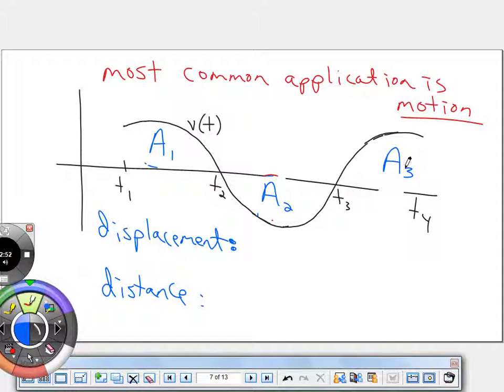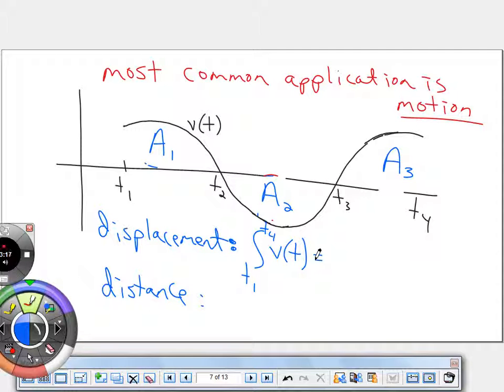So if we wanted to find the displacement of this particular object that's moving in a straight line, then the displacement would be the change in the position from time 1 to time 4. So let's say I want to figure out how this thing has changed its position from time 1 to time 4. All you'd have to do is the integral, because that's what the integral is. It's the change in the position.